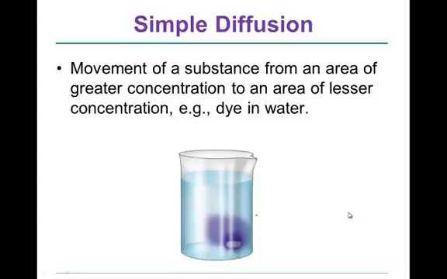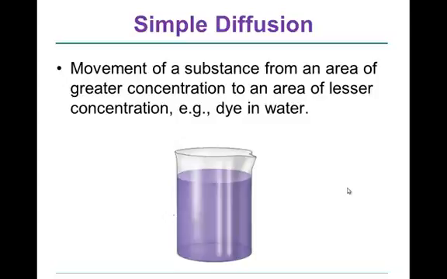As you can see in this simple example here, the dye pellet is the area of greatest concentration with varying concentrations around it. And over time, because of simple diffusion, the concentrations will even out, and we will have the dye evenly dispersed. And so that's what occurs in simple diffusion. Typically, in simple diffusion, we don't talk about a membrane. There is no membrane in the example with the dye pellet.